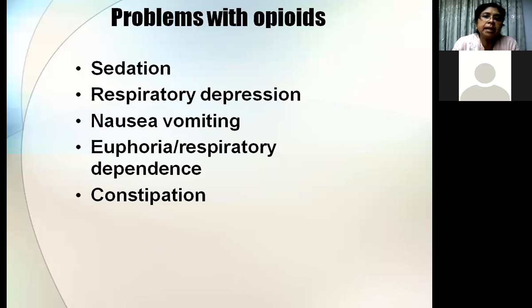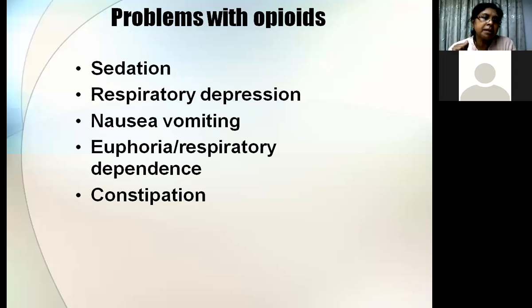What is PCA? Patient controlled analgesia, where we have a pump with a connecting tube which is connected to the cannula, but that pump gives a small infusion which is not going to give rise to problems. But if the patient's pain is not controlled, he can press a button.